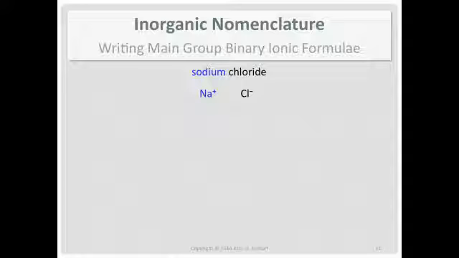So you have to put in a certain amount of sodium ions and chloride ions such that when you're done, it's neutral. All the positive and all the negative charge balances out. And since they're both 1, you just need one of each. There's the chemical formula, NaCl.